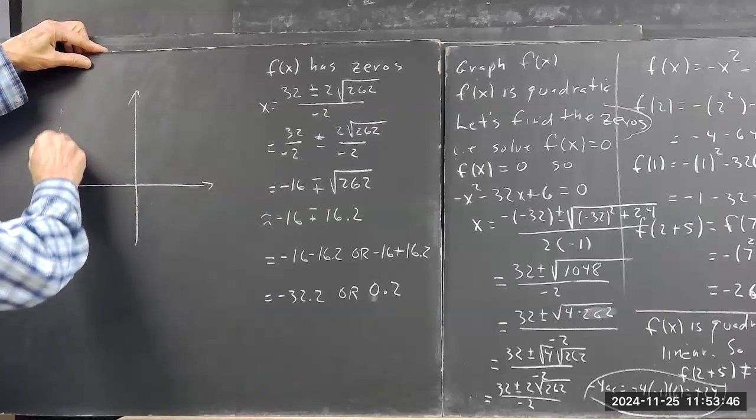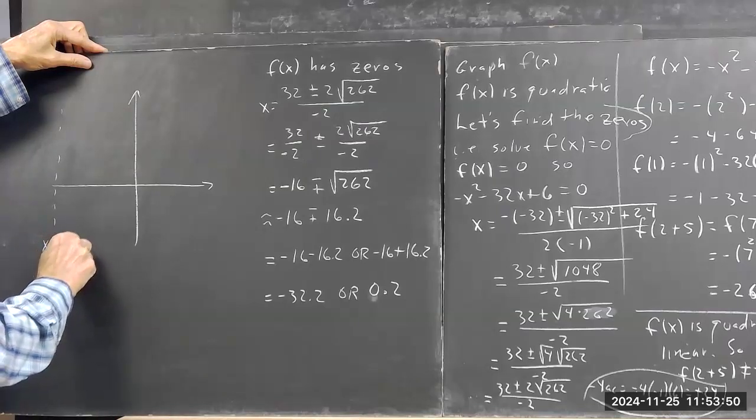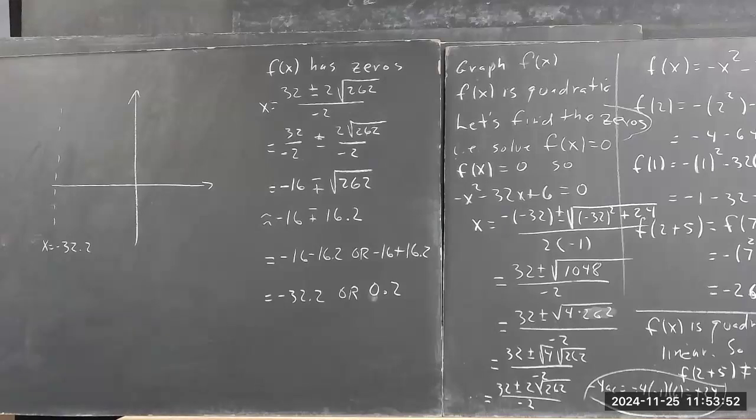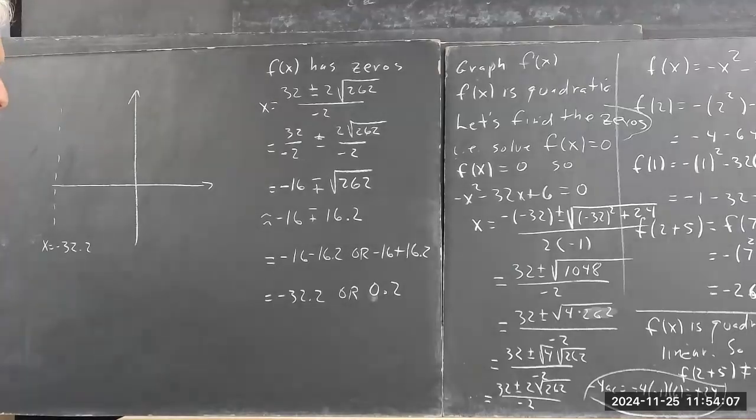I'm going to say x is negative 32.2 here, and my 0 at 0.2. Now this does disturb me a little bit because the y-intercept isn't right.